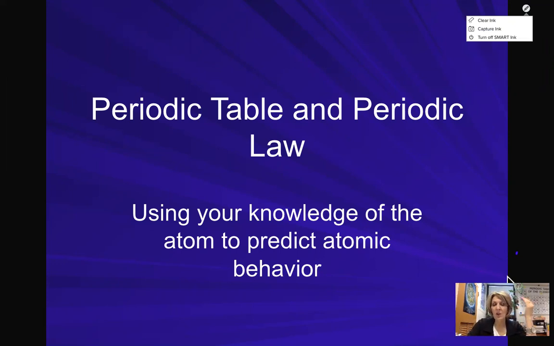We've already done a lab, or if you haven't already, you will be soon, looking at whether we can see any patterns or trends about how reactive certain elements are. And of course, as a chemistry person, you want to know about chemical reactions, because that's what chemistry is.